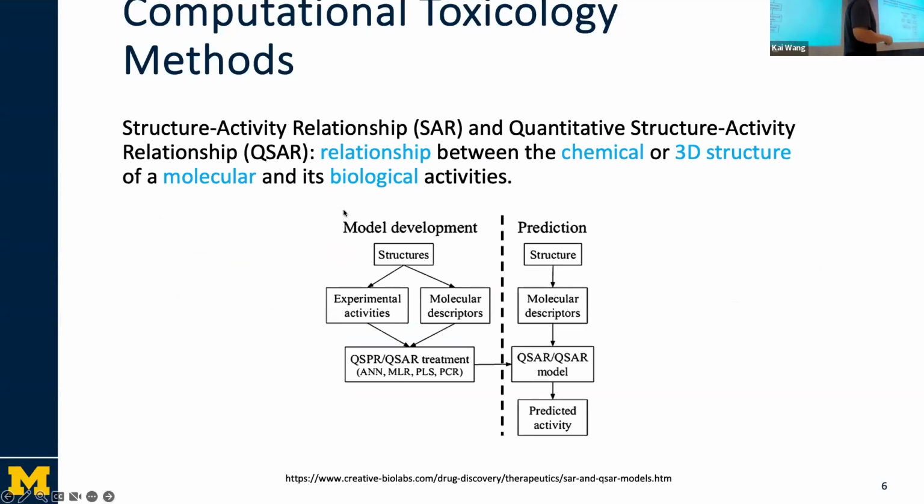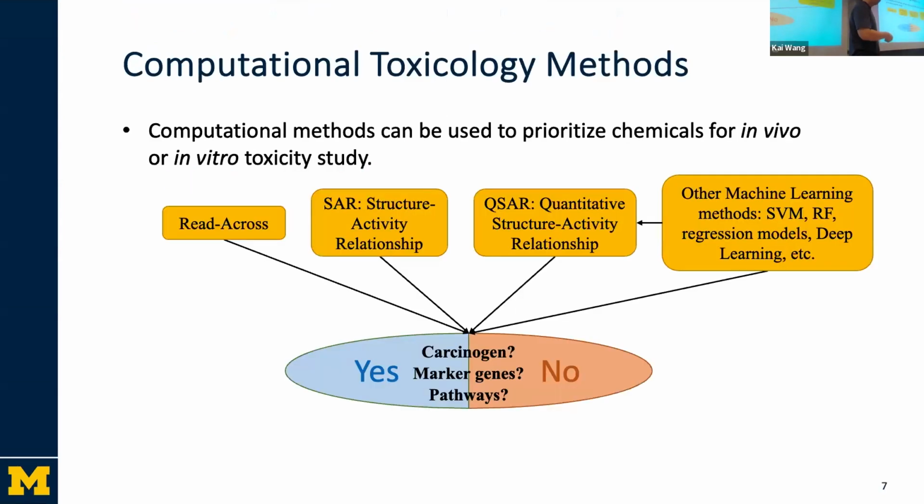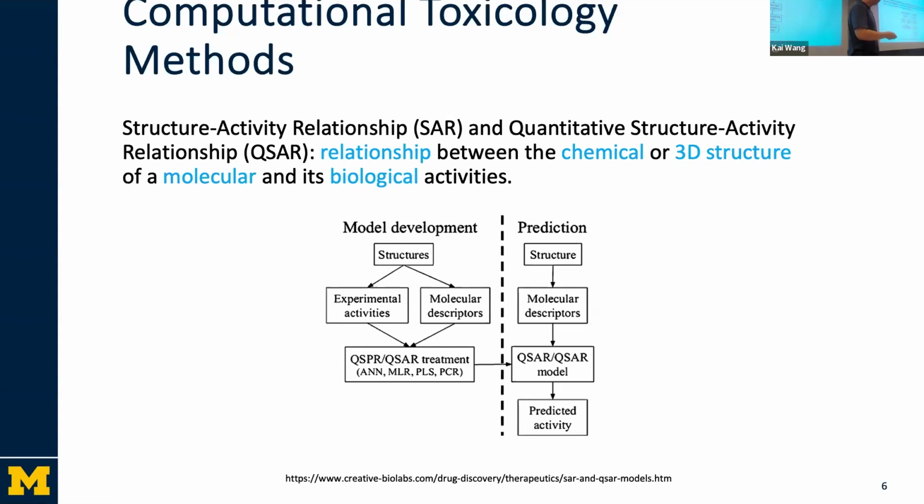Then after that, a method was developed called structure activity relationship, or quantitative structure activity relationship. This one is different from read-across. The model will include the structure of the chemical and also the biological data.